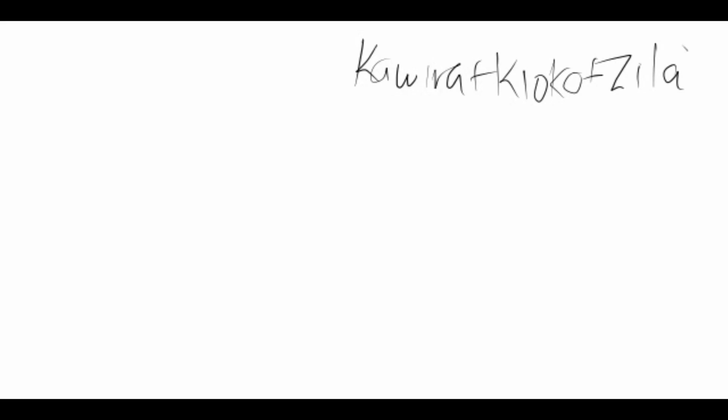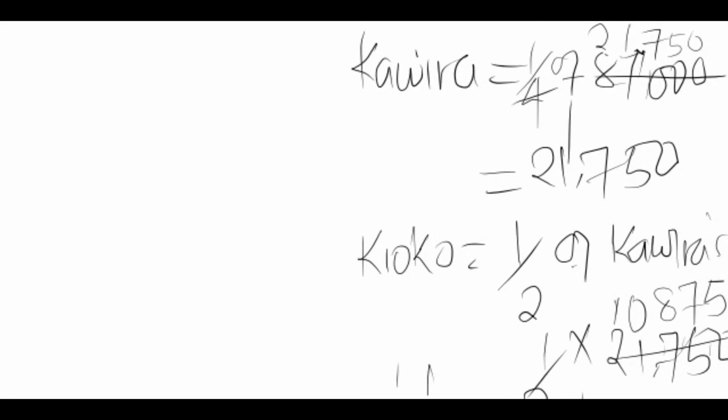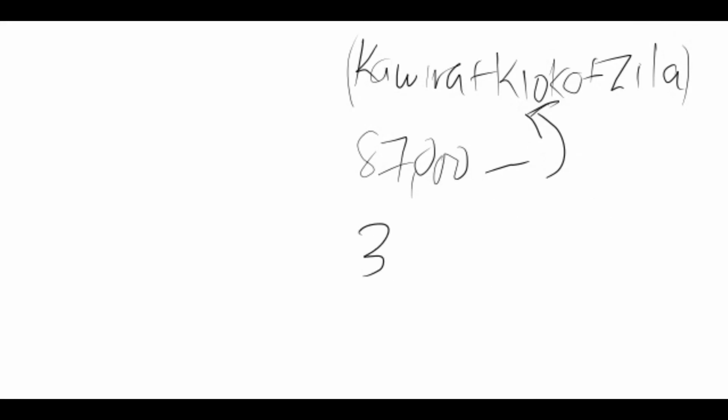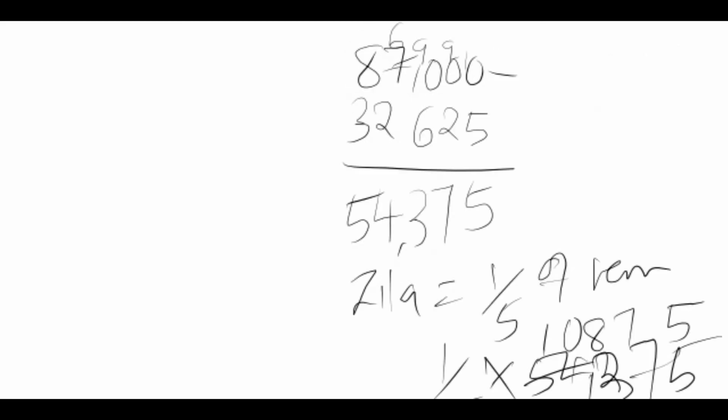Then from there, we say 87,000 minus the total. So we have Kawira plus Kyoko, which we had gotten as 32,625. So we have 32,625 plus Zilla's, which is 10,875.